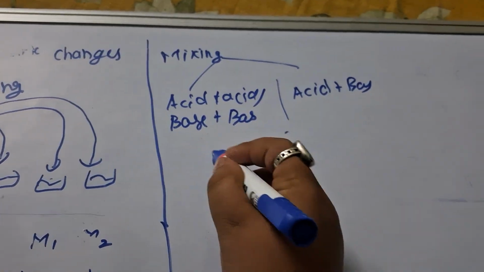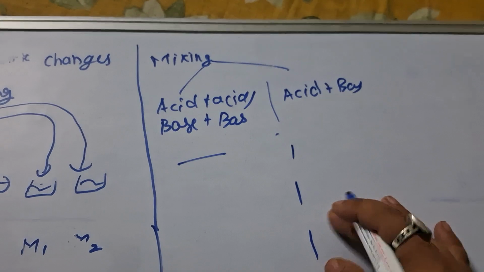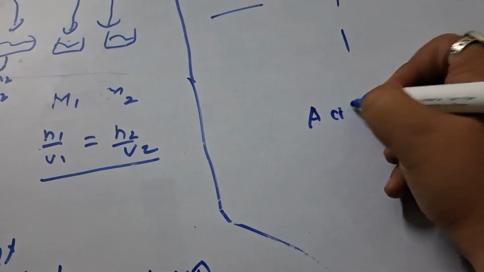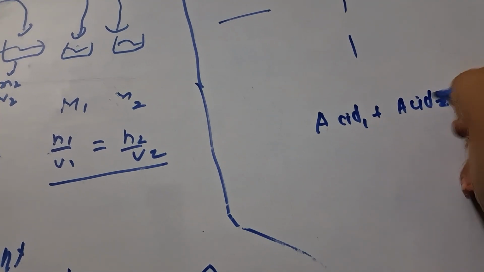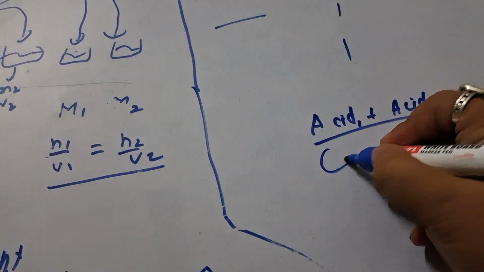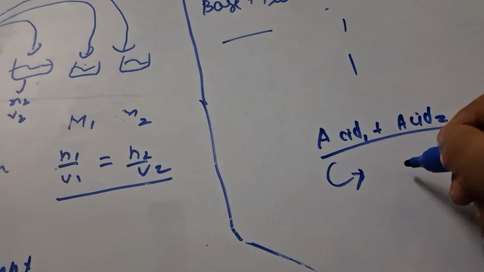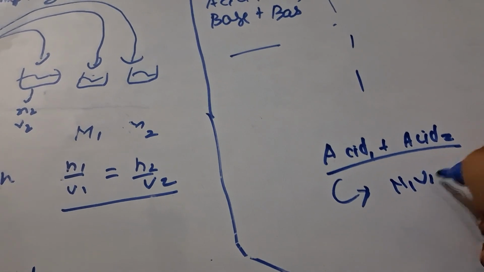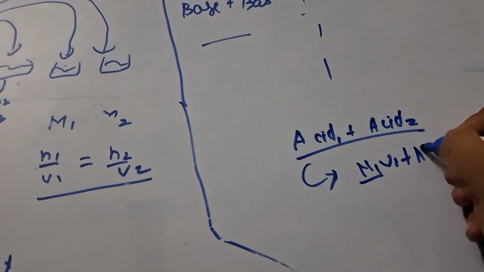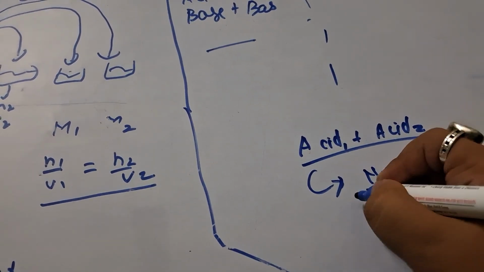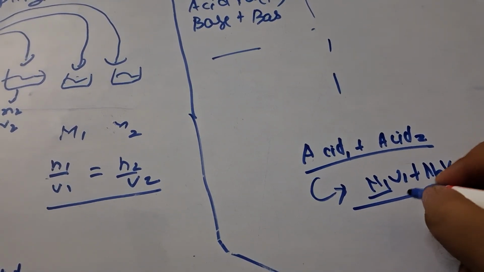We were talking about mixing. Let's start with acid 1 plus acid 2. The formula for this will be (N1V1 + N2V2) upon (V1 + V2), where N is normality. We studied normality in a previous video.